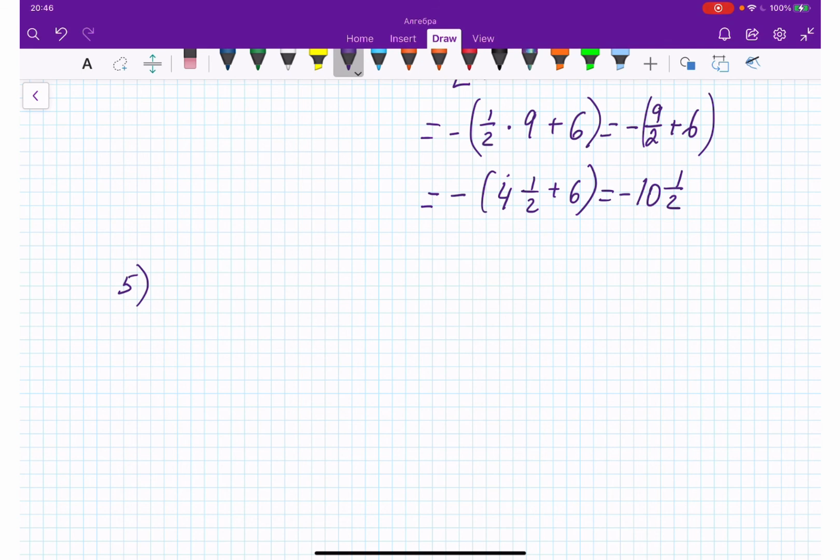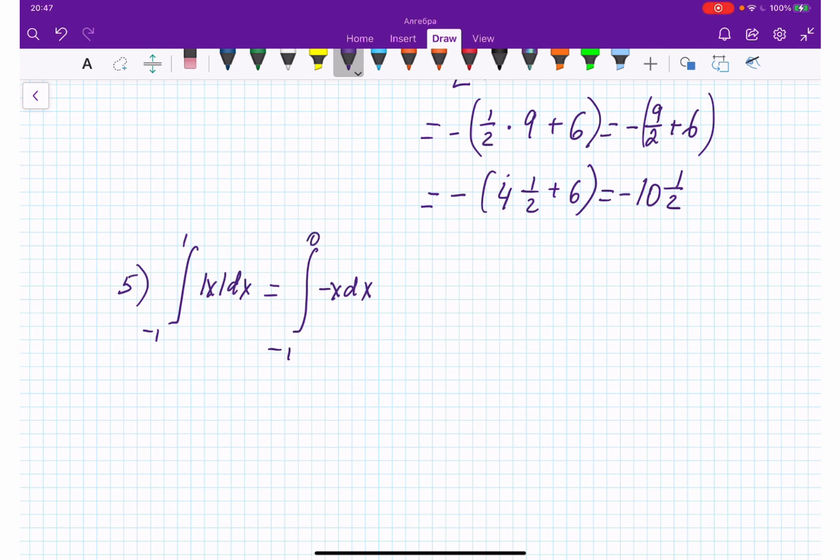Okay, this is going to be question 5. And we have the integral from -1 to 1 of the absolute value of x dx. Since I have the absolute value of x, this is what I'm going to do. It's going to be -x dx on the interval -1 to 0.